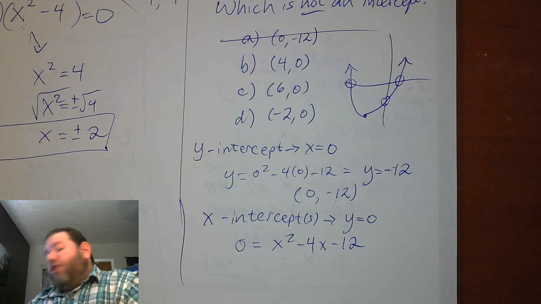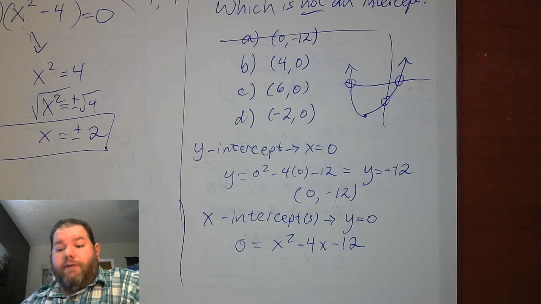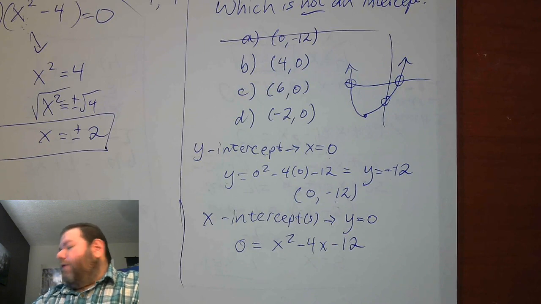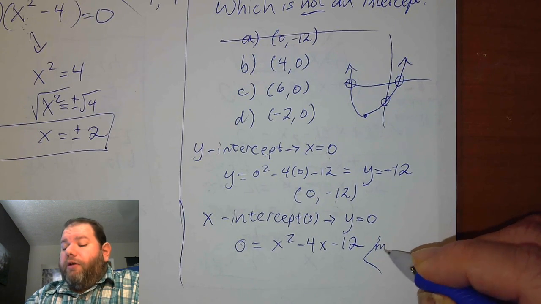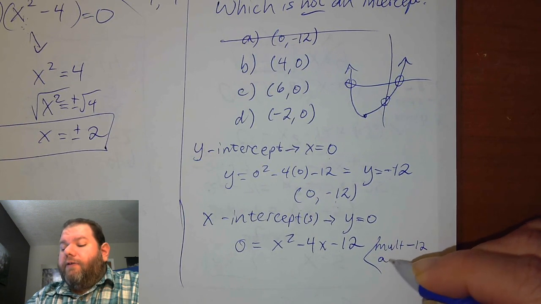And by changing y to 0, essentially we have a problem much like the first 6 problems on this review, which is we have to solve a quadratic equation. And this one will be factorable. I'm not going to give you anything that's not factorable at this stage, because there's so much else going on in the problem already. But we do need to figure out what multiplies to negative 12 and adds to negative 4.